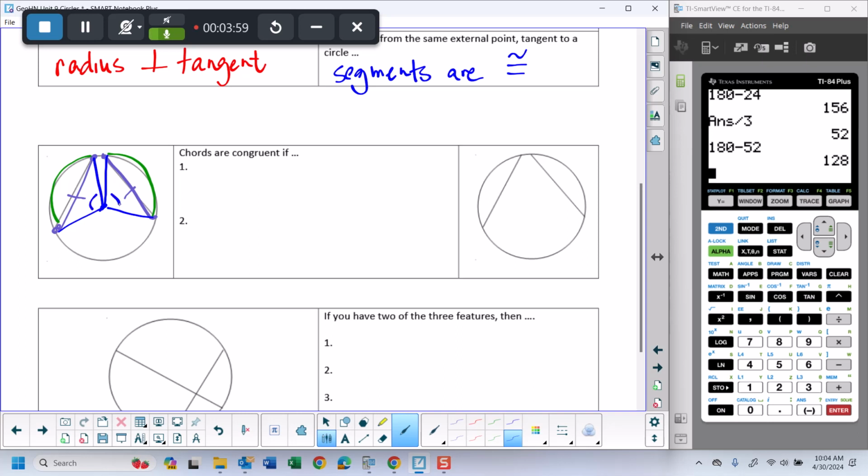So we want to make sure that we understand the relationship: the chords are congruent if the related arcs are congruent. And then we also talk about the central angles are congruent.